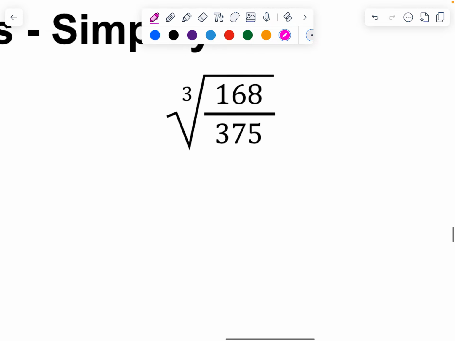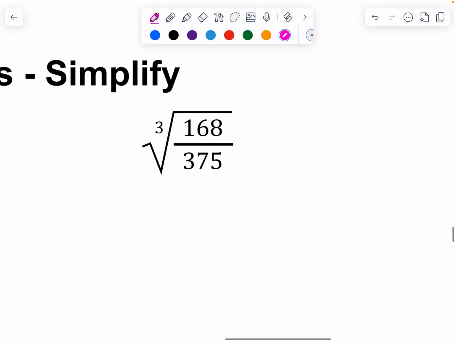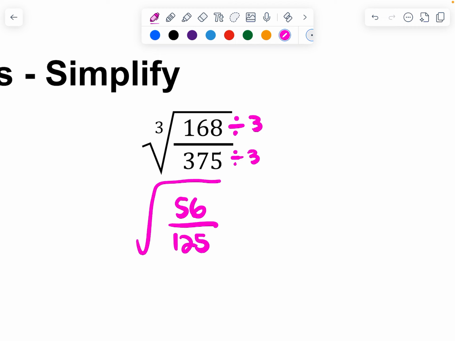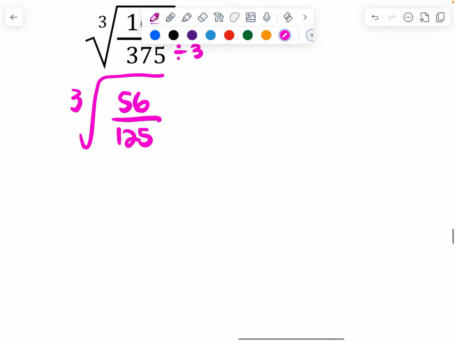Okay, and this one, 2 doesn't go in. Does 3 go in? 375 divided by 3. Yep, 3 goes into both of these. So 168 divided by 3 is going to get me 56. 375 divided by 3 is going to get me 125. Take the cube root.